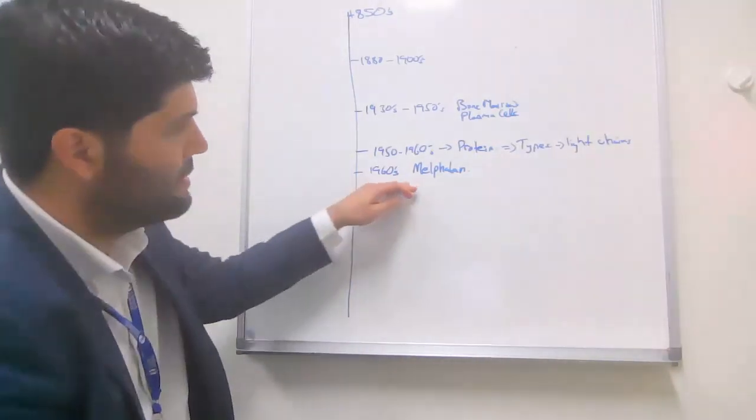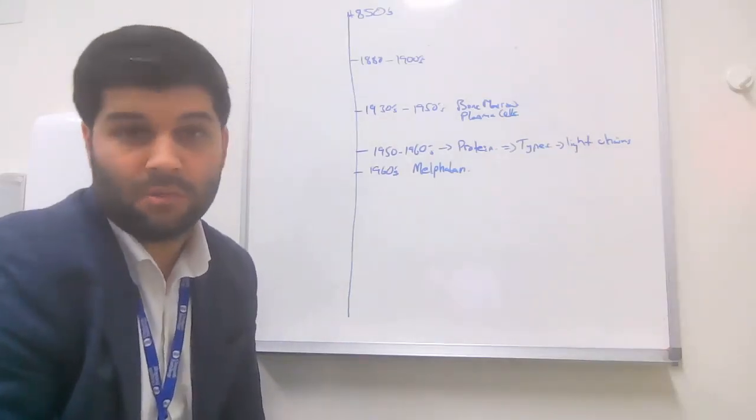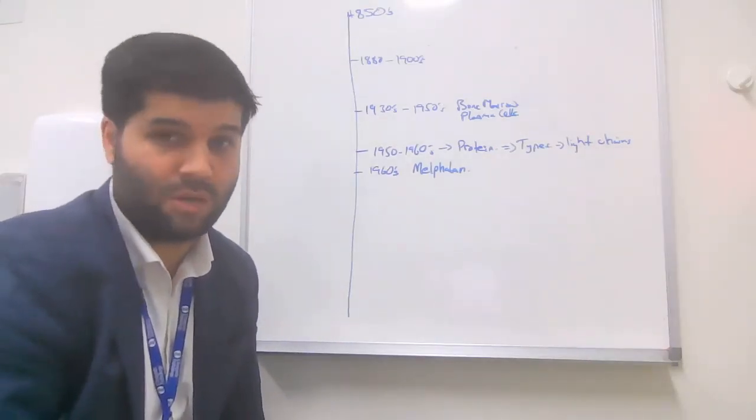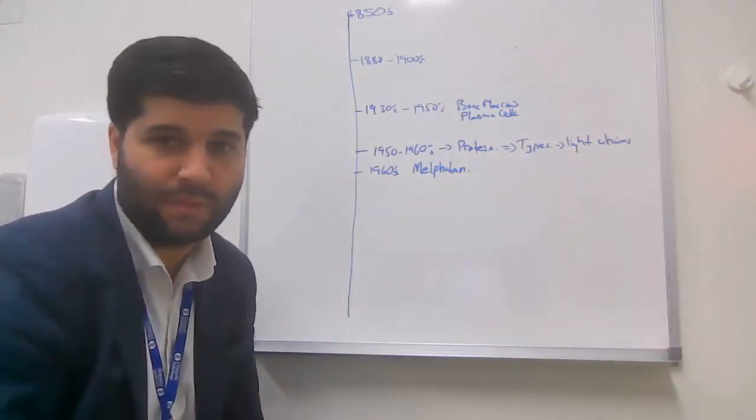And it was in the 1960s that the first clinical trials showed that people actually responded to treatment with this drug called melphalan. And it was given in tablet form at that point.